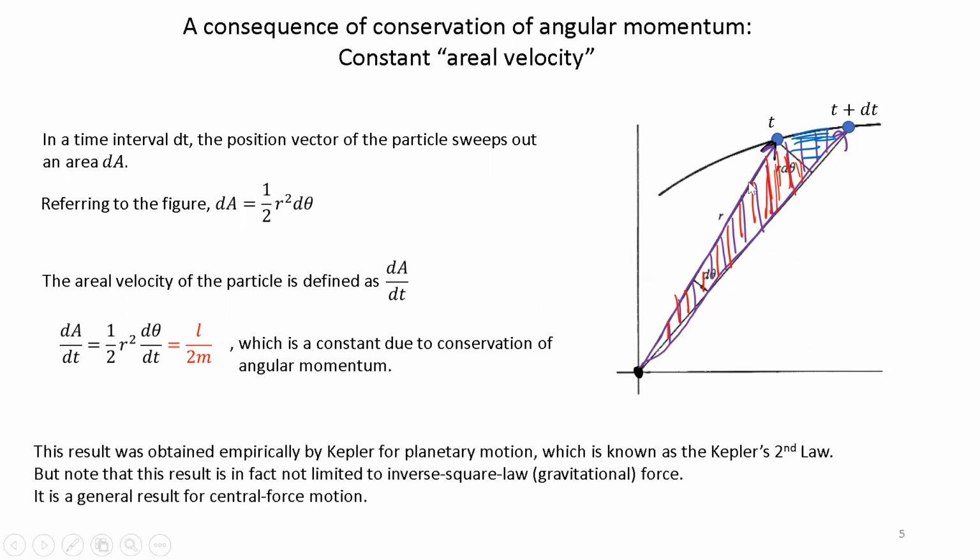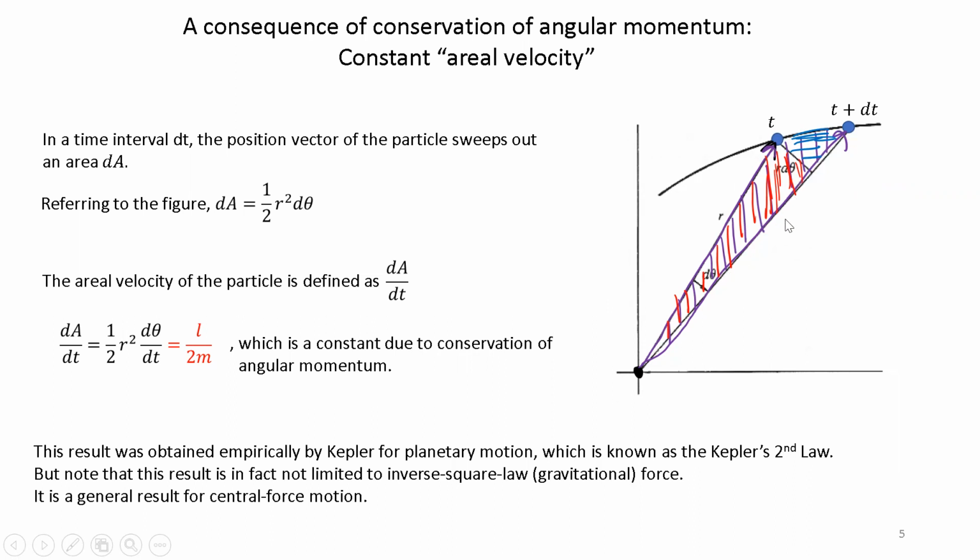This constant areal velocity property was actually first discovered by Kepler. He got this law according to observational data, although not by using the argument of conservation of angular momentum. And this is known as Kepler's second law.